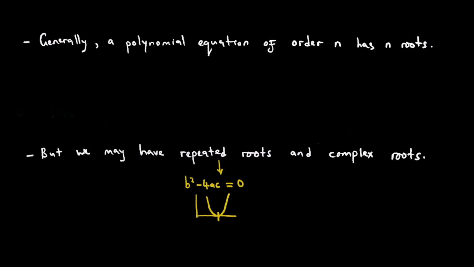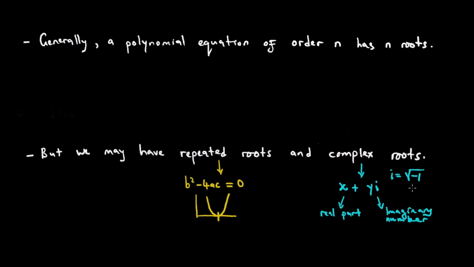When we speak about complex roots, you have to understand complex numbers, which have the general form x plus yi, where x is called the real part, a real number, and yi is called an imaginary number. And we of course know that i is equal to the square root of minus 1.